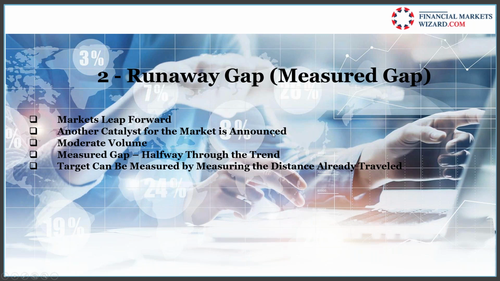Another catalyst for the market is announced, right? So as I mentioned, another catalyst. So there's some news. The stock gaps up on some news. So stock doesn't gap up for no reason. There has to be a reason for a stock to gap up. Sometimes the reason is not good enough, so traders don't buy as much as they would for other reasons.